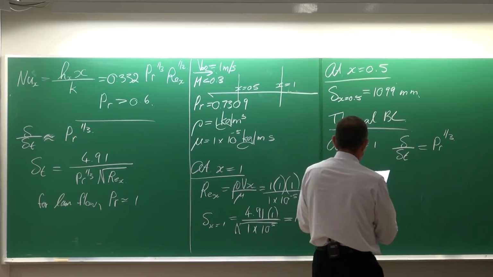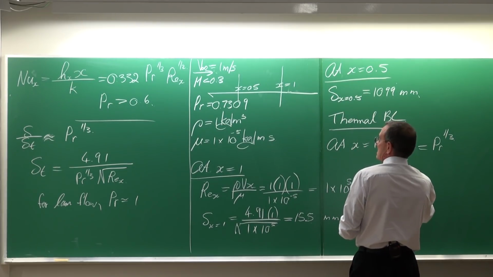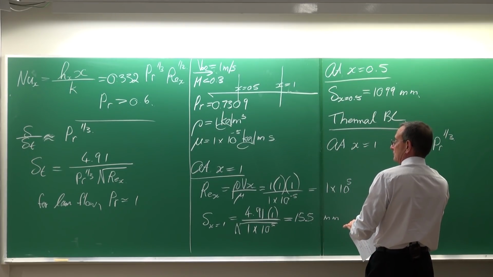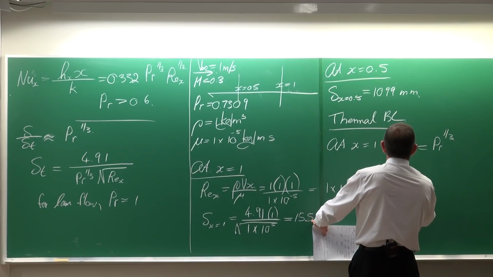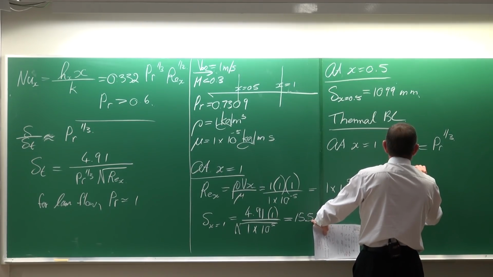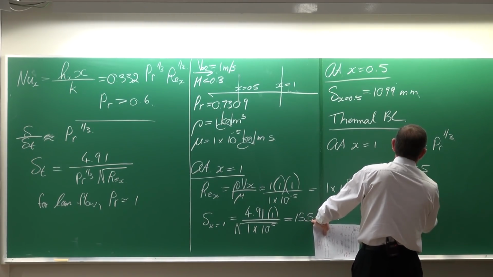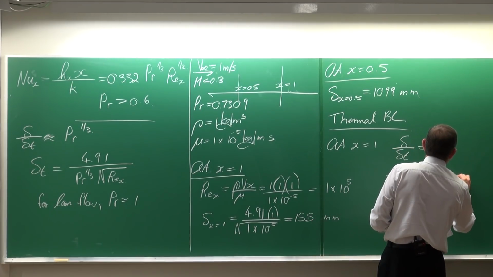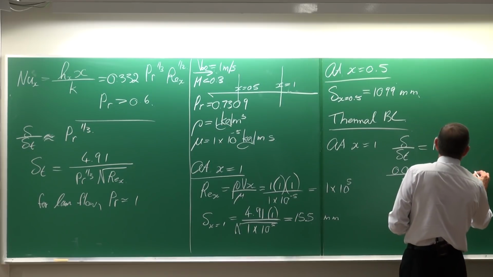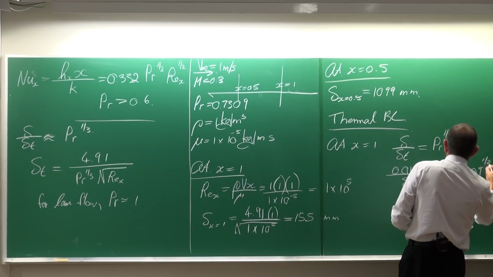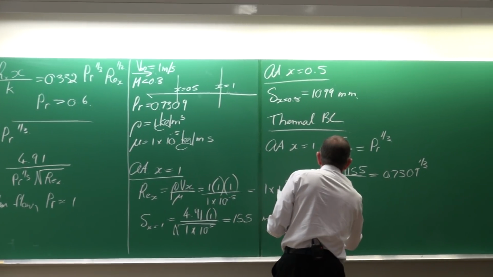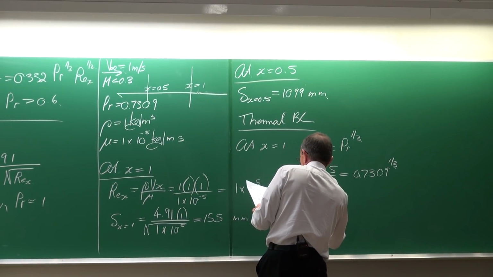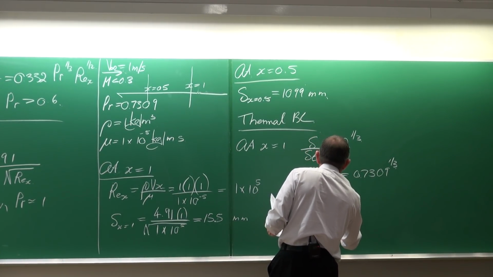So the boundary layer thickness, 0.0155, divided by the thermal boundary layer is equal to the Prandtl number 0.7309 to the 1/3, from which we can solve the thermal boundary layer is equal to 17.24 millimeters.